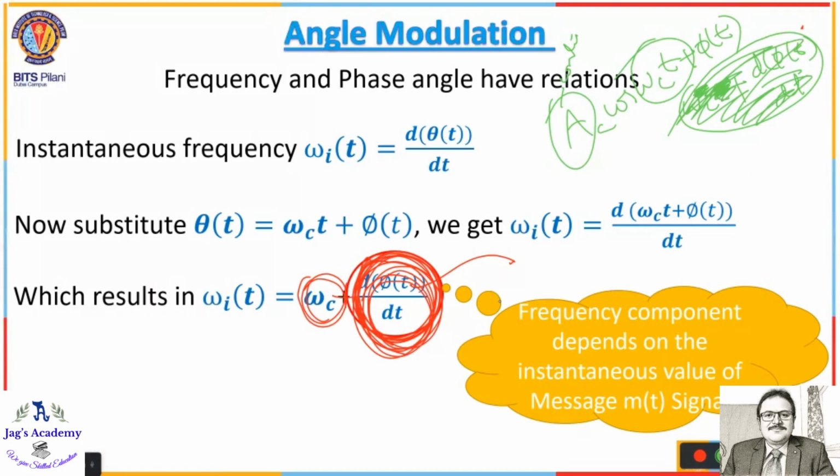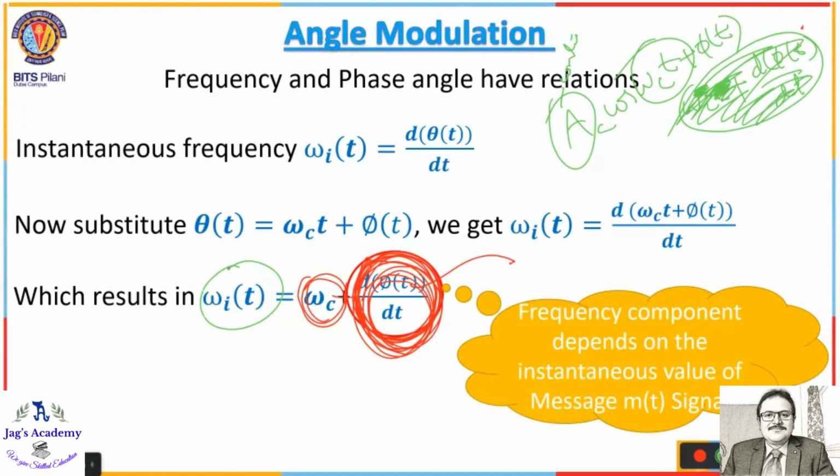Now see here, I am going to write this same carrier wave as either AC cos of theta of t, which is your instantaneous angle. Similarly, AC cos of omega it, that is in terms of frequency, right?